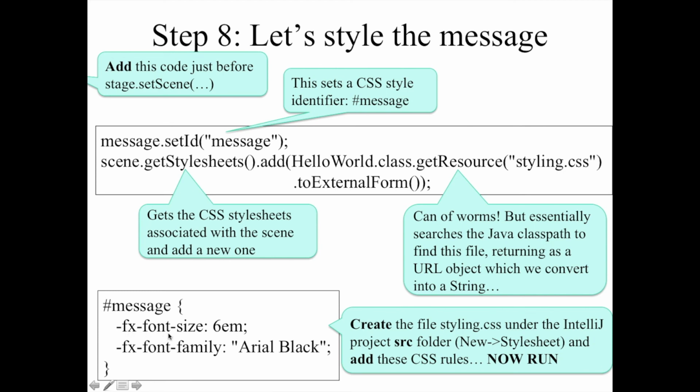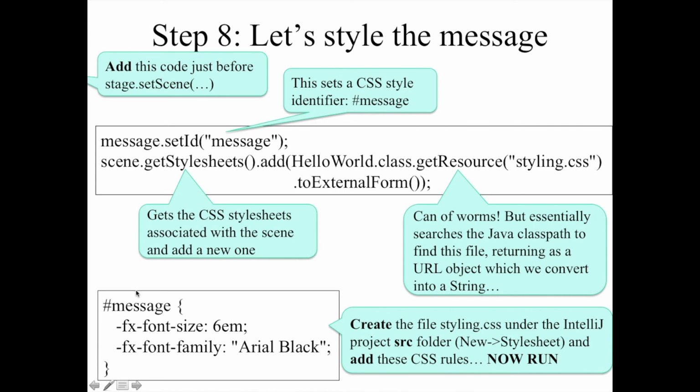The font size is going to be 6ems, so it scales if we change the font size on our machine to help with partially sighted users. The font family is Arial Black. Okay, and this file will be placed under the source folder with the other Java files.